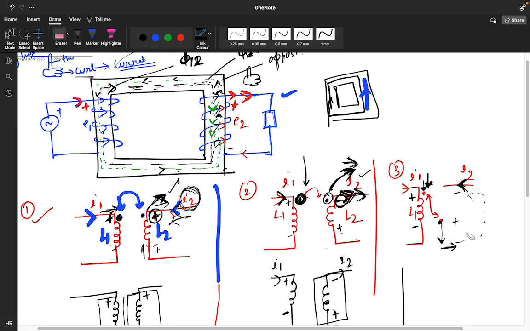Let me correct. Current is coming in this direction, and it's leaving in this direction.